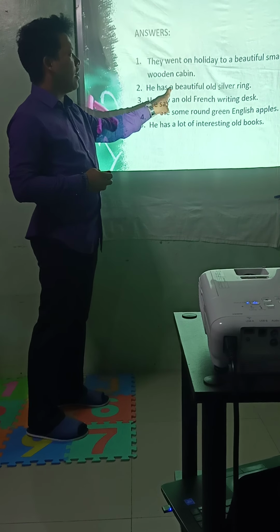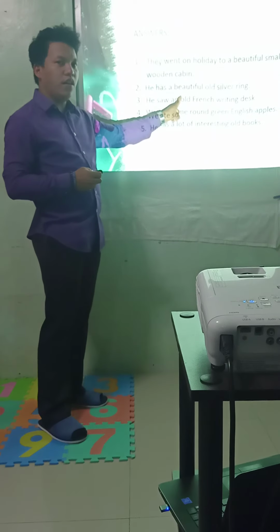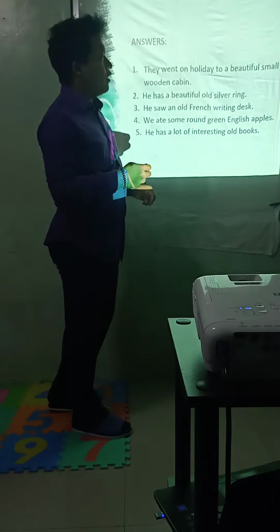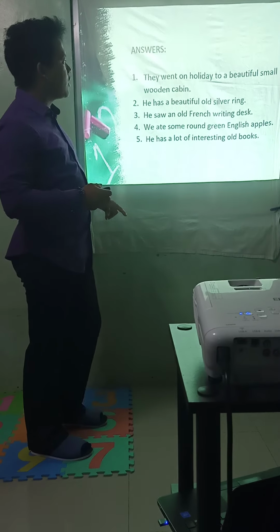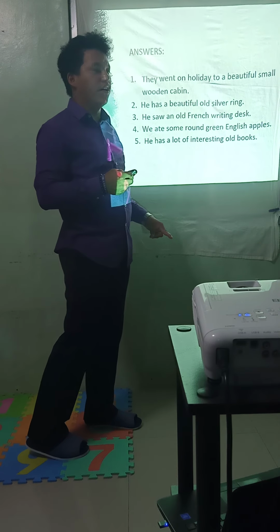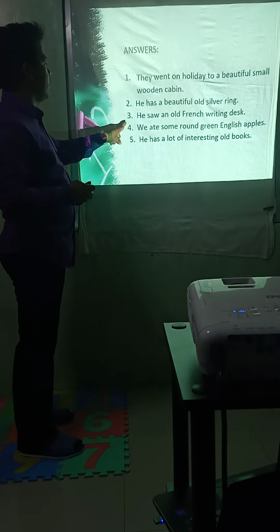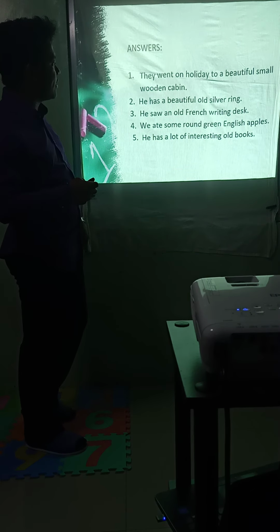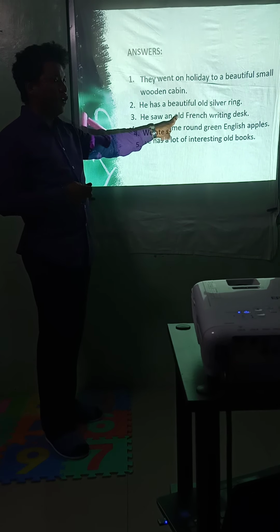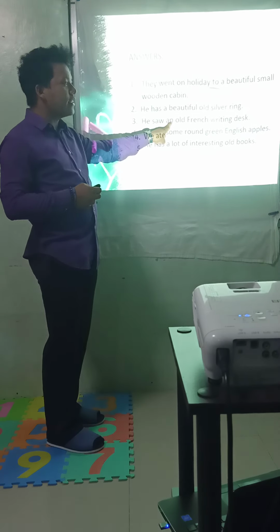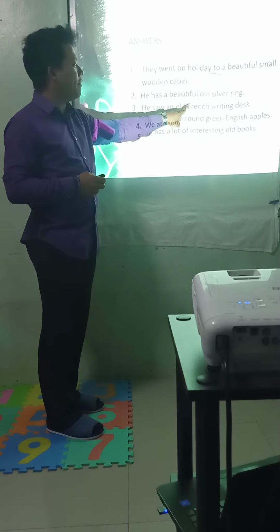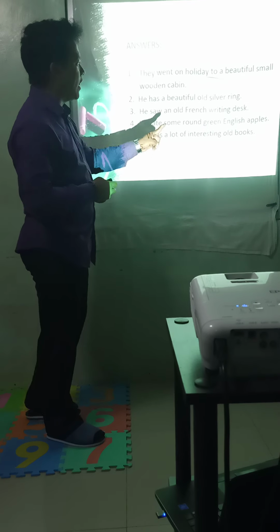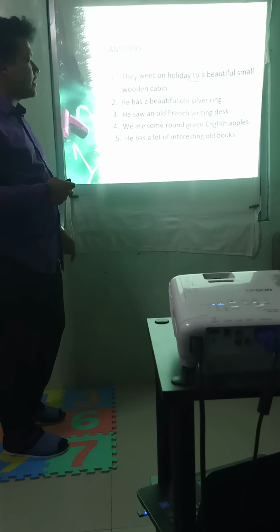A, article; beautiful, opinion; old, age; silver, color; then ring, noun. Number 3, he saw an old French writing desk. An, article; old, opinion; French, origin; writing, purpose. Then the word desk is the noun.